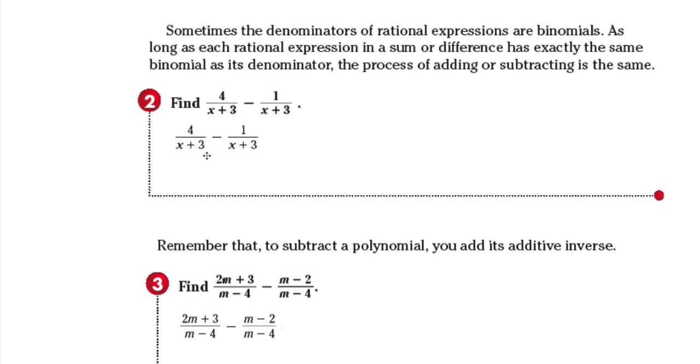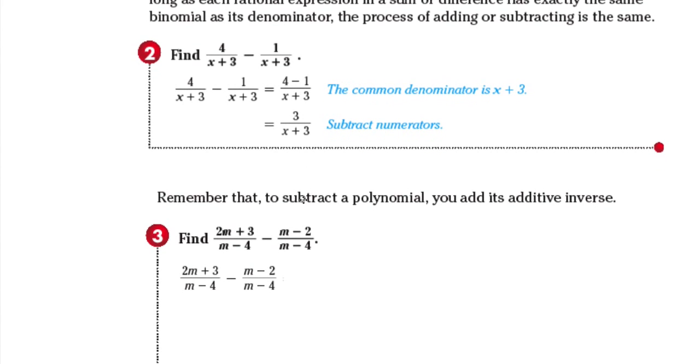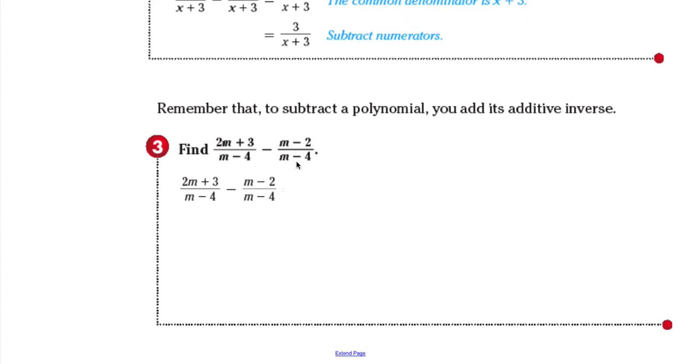Copy the problem. We know that the denominators are the same, so we simply keep the denominator and subtract 1 from 4. So you'll end up with 3 all over x plus 3. Again, you cannot cancel 3 and 3 since those are not factors. Okay? So that's the simplest form of the difference of those two rational expressions.